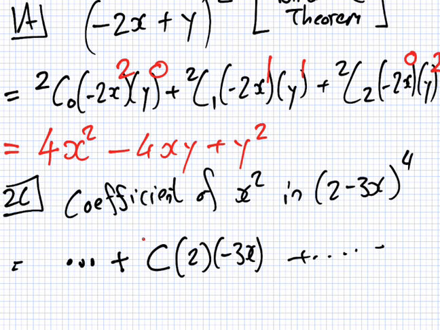I know what this number must be. What must it be? 4, because this is power 4. Now I know what this number must be. 2. Why? Because they're asking for x squared. Therefore, this number is 2, to make x squared.